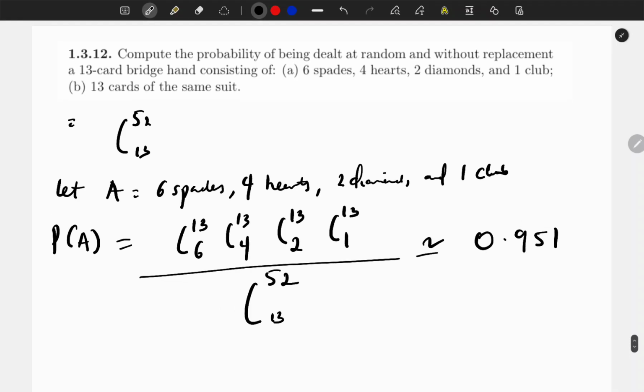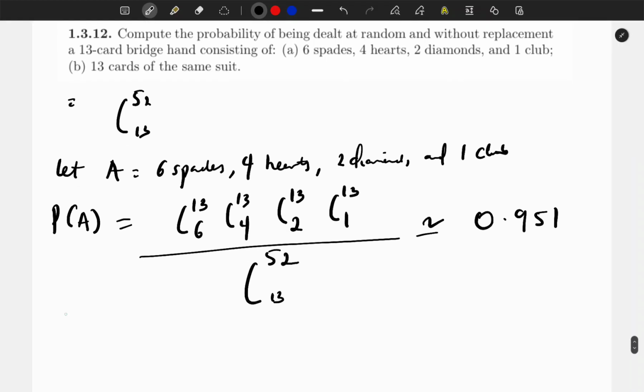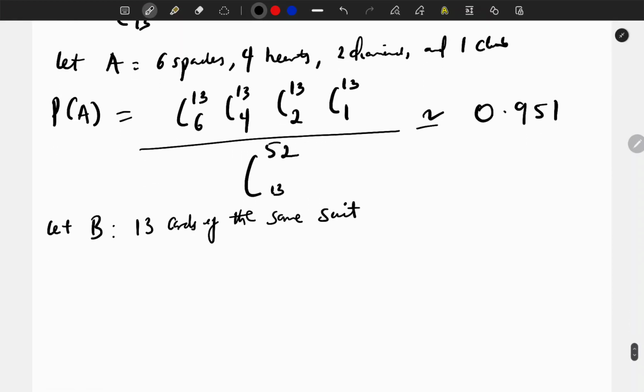The next one is the probability of being dealt 13 cards of the same suit.